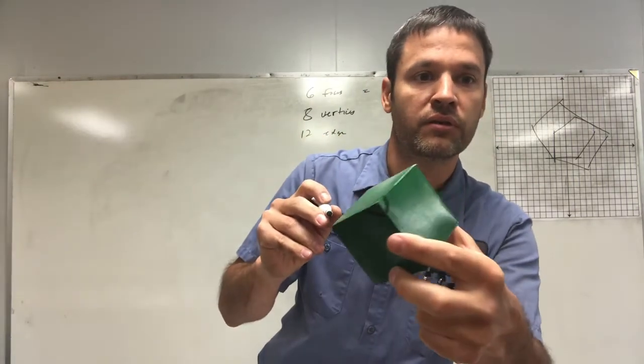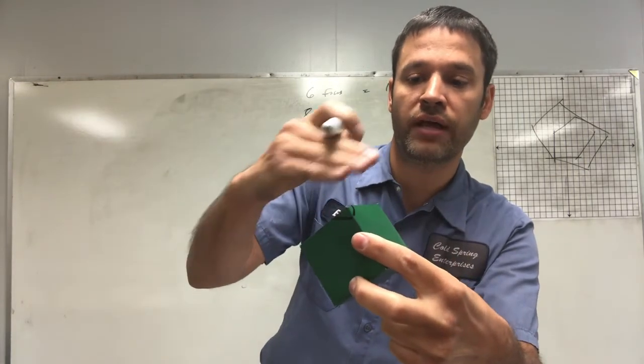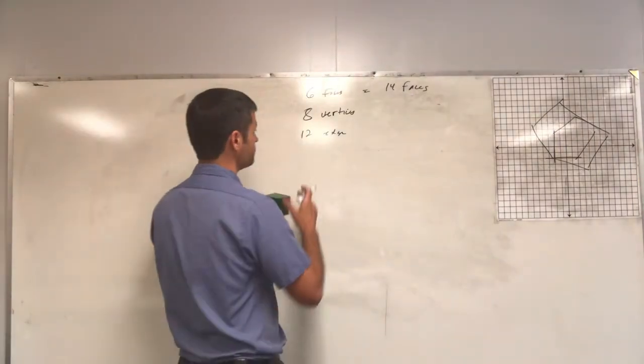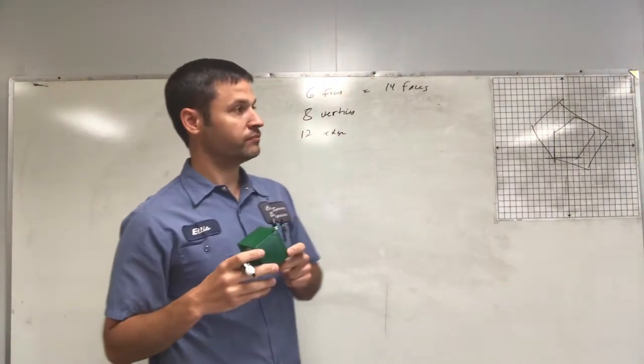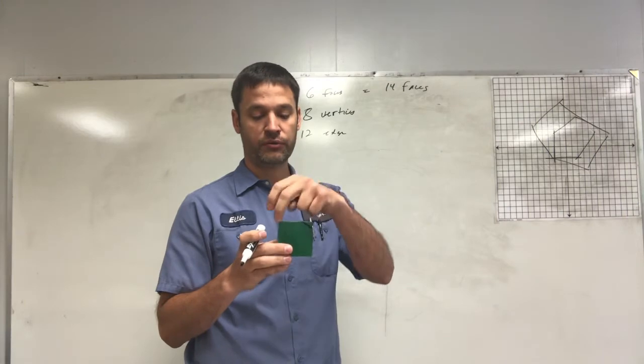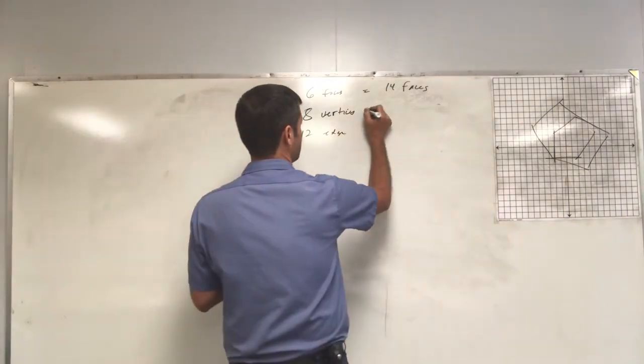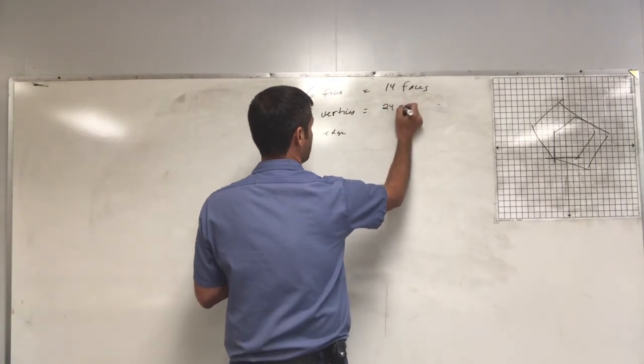Yeah, if we cut it off, it would look like that. That is gone, and there's a flat face, and now we've got 1, 2, 3. So what had been 8 now is 3 times 8, because we've got 3 here, 3 here, 3 here, 3 here, and so on. So we have 24. This is the long version of the answer, but 24 vertices.